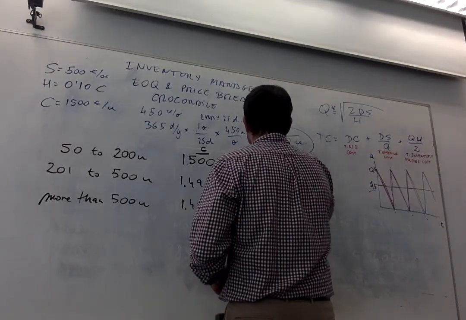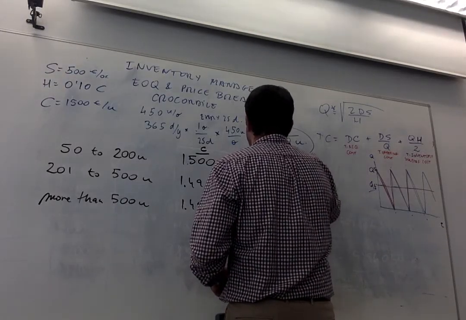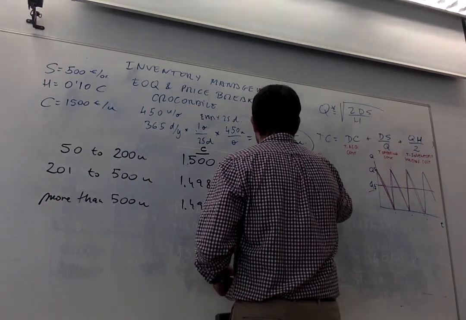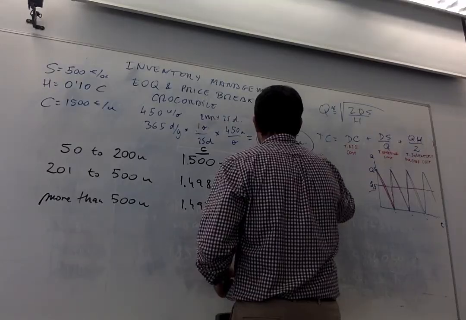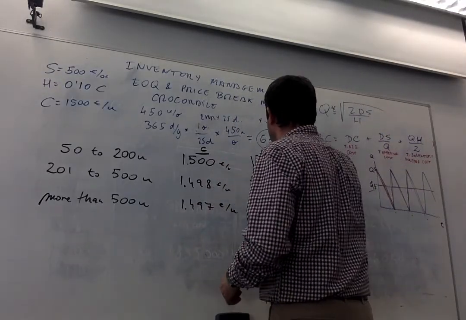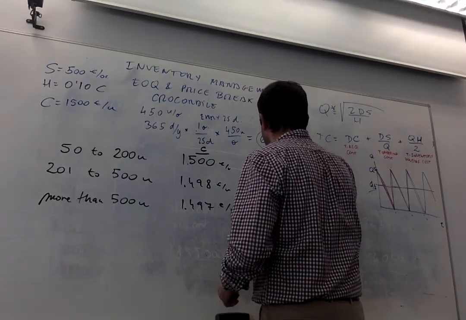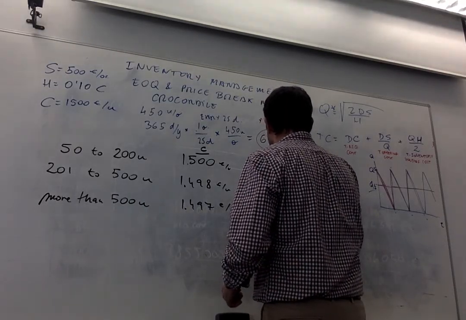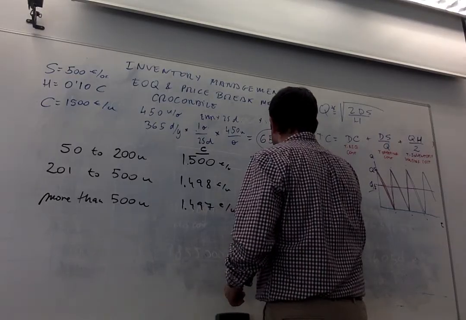So we'll have 2 multiplied by 6,570, if I'm not wrong, times S 500, divided by the inventory holding cost, 150, the 10% of the cost. This is the same upstairs, but not downstairs.